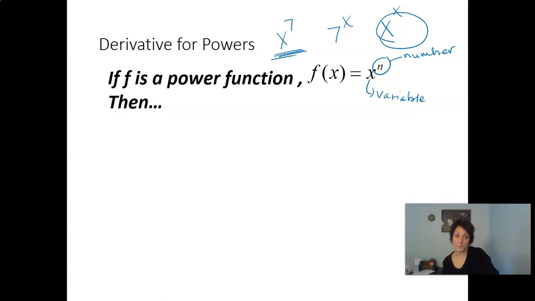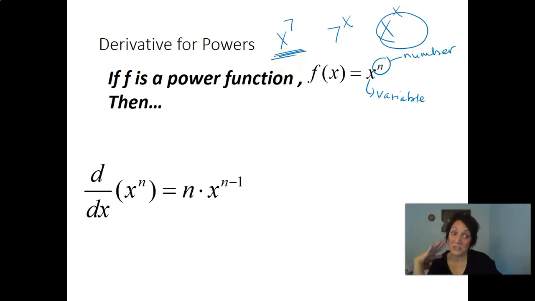Easy to remember. Okay, some of you already noticed when we were doing that limit definition that when you take the derivative of a power, it knocks it down a degree, and you are correct. Now, again, don't be mad, because we did do all those limit definitions, but here's the rule for the powers. It looks ugly, but it's not that bad.